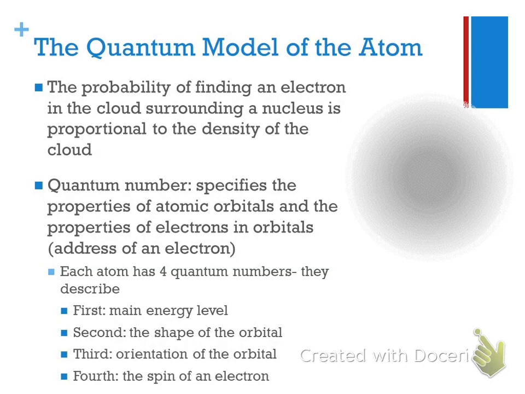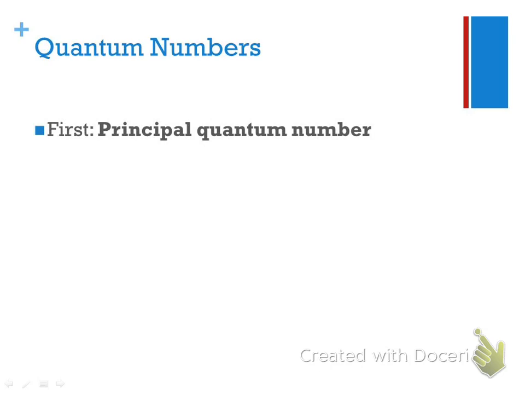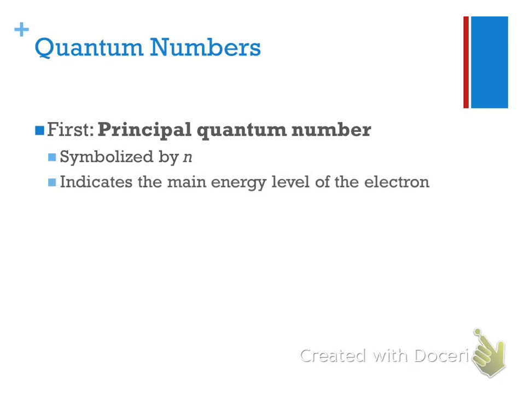We're going to look at the first part of our quantum number, which is the principal energy level. It's called the principal quantum number. It's symbolized by a lowercase n. This number tells us the energy level of our electron.